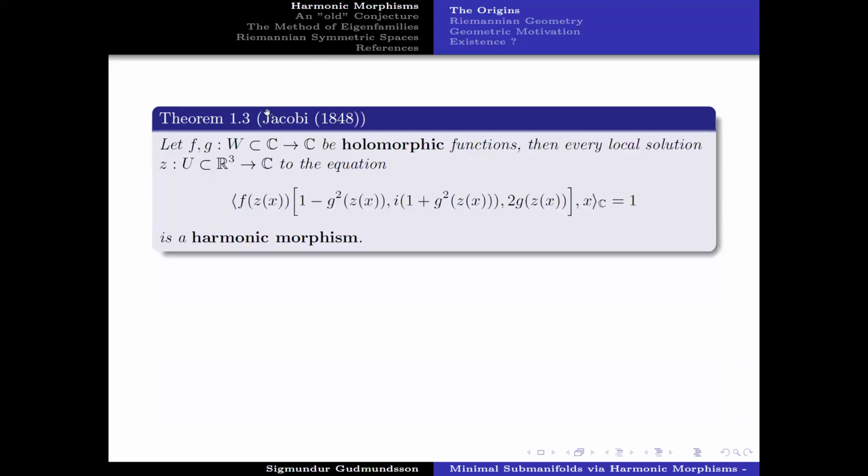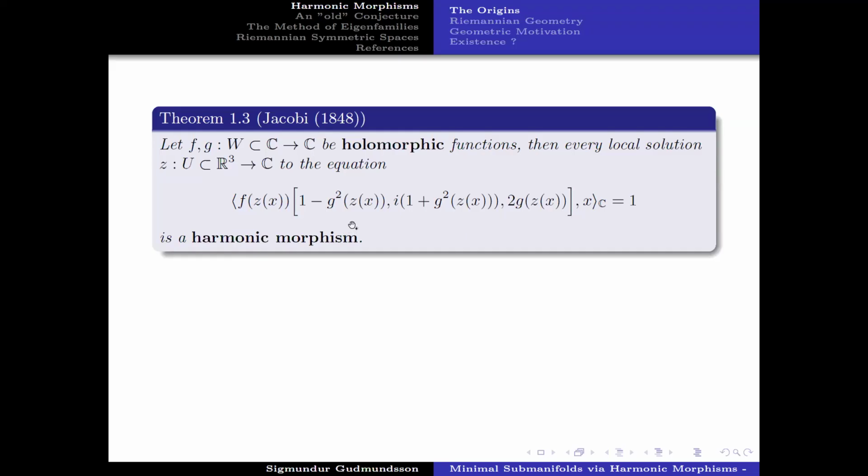Now, notice this, you have to think about it. This is after Weierstrass produced his Weierstrass representation of minimal surfaces. And we all know that, and you see that this reminds us very much of this.